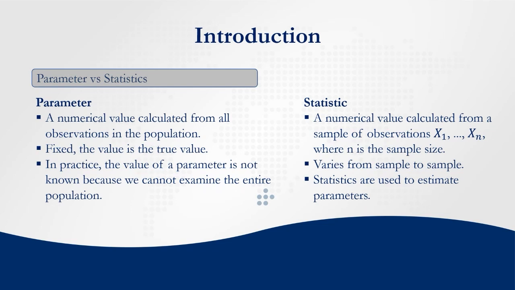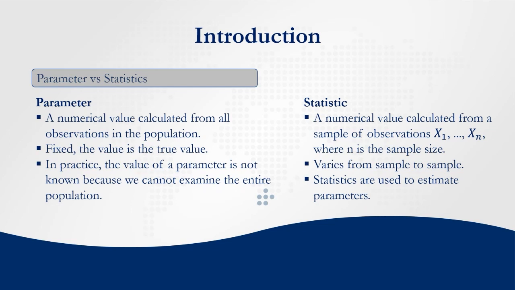But that value exists. It might not have been measured, but it exists. So those values, the things that we measure from the population, we call parameters.